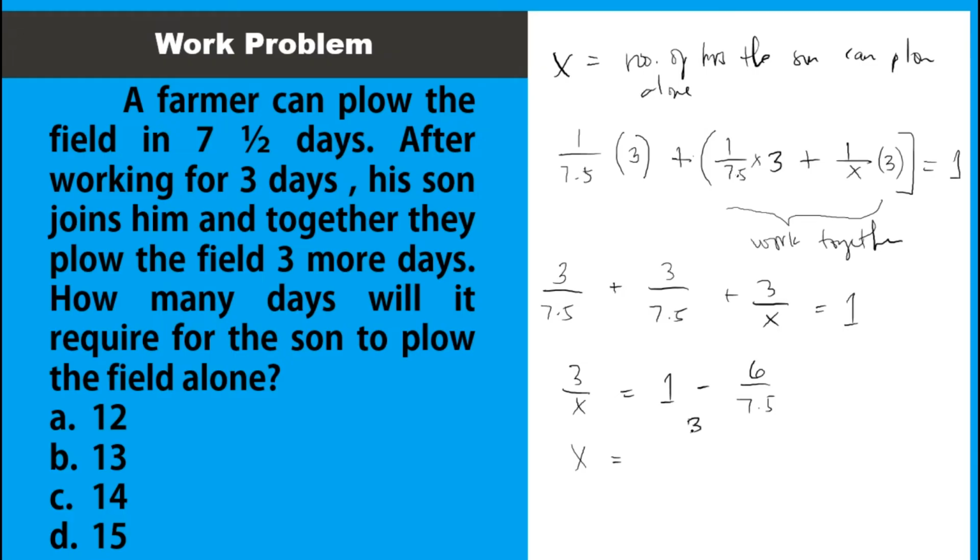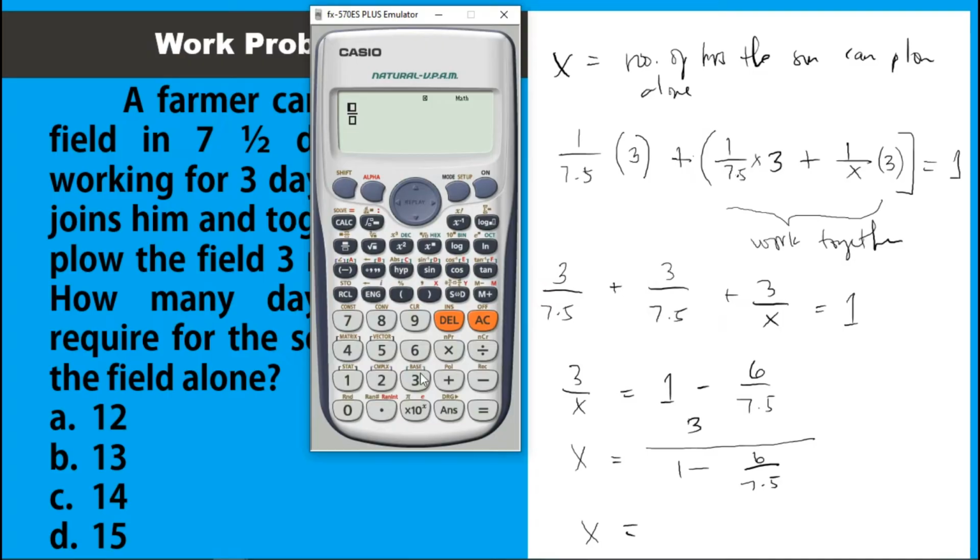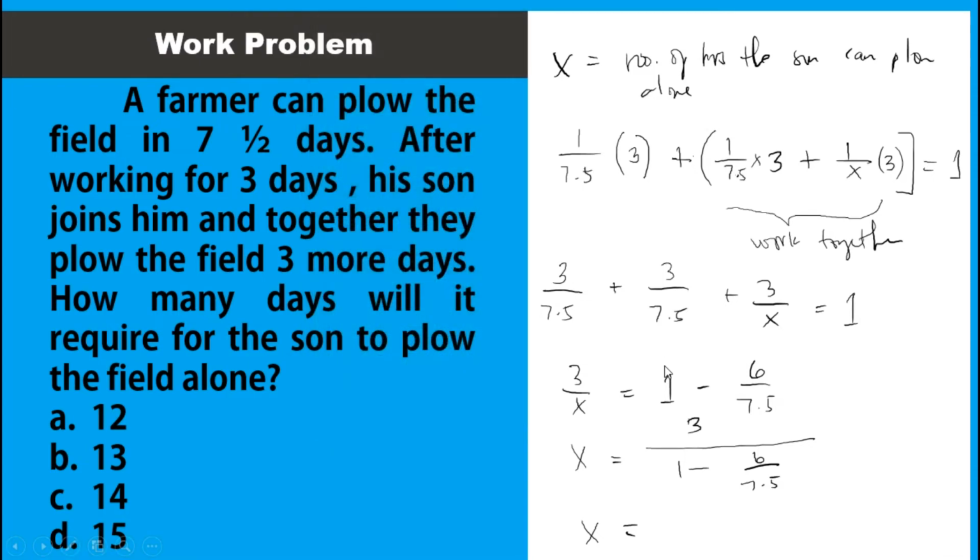So x equals 3 all over 1 minus 6 over 7.5. So we have 15 days. The son can do the job alone in 15 days.